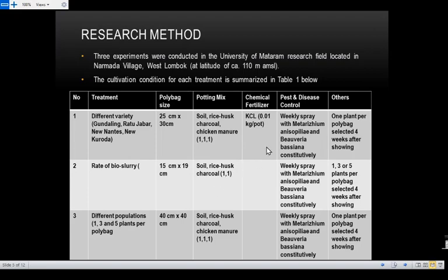There is no chemical fertilizer added for experiments 2 and 3, but in experiment 1, KCl 0.01 kilogram per pot was added. The pest and disease control was done by biological control using Metarhizium anisopliae and Beauveria bassiana.